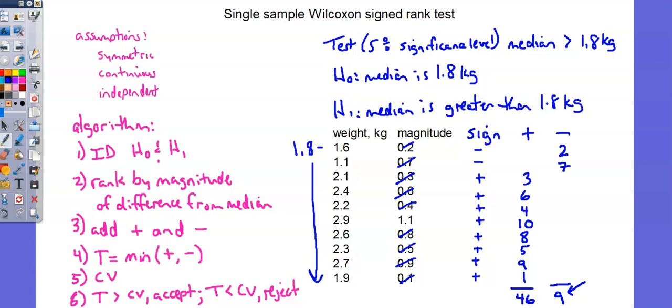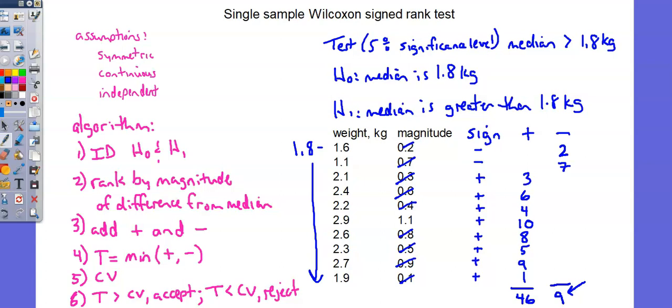Before proceeding, let's look at what we have and think about what it's telling us. If you look at the number of positive and the number of negative, there are quite a few more positive, greater than the median, than negative. So that seems to be saying that the median might be a little too low. That's producing a small minimum between 46 and 9. If we had a more even distribution of positives and negatives, then the smaller of the column totals would be bigger.